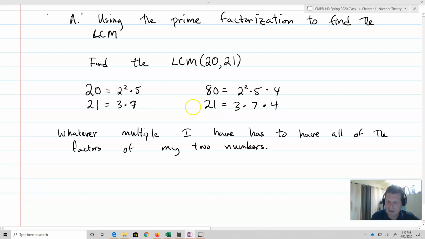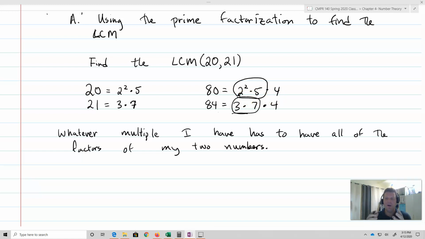So notice, not 21, but 84. Notice how 84 is a multiple of 21, and 3 times 7 is incorporated inside of its factorization. Inside of 80, 2 squared times 5 is the prime factorization for 20, and it's also in the factorization for 80 too. And that's going to be the case for all of them.